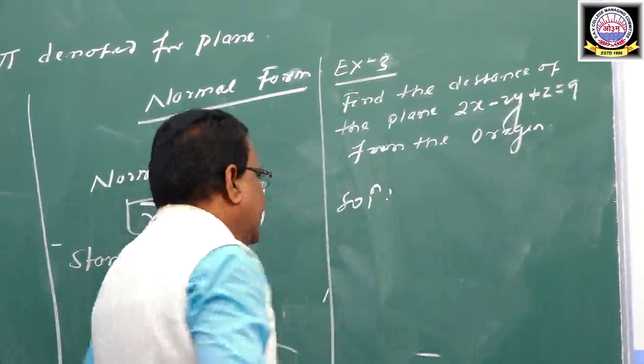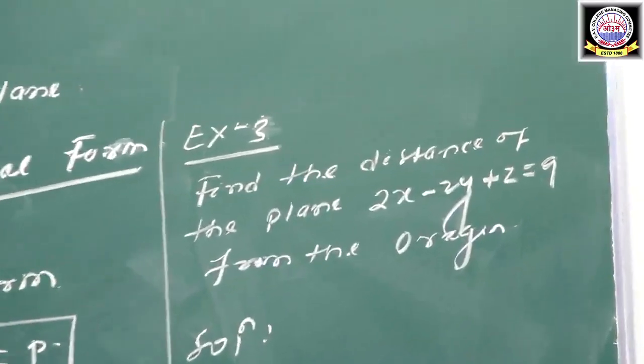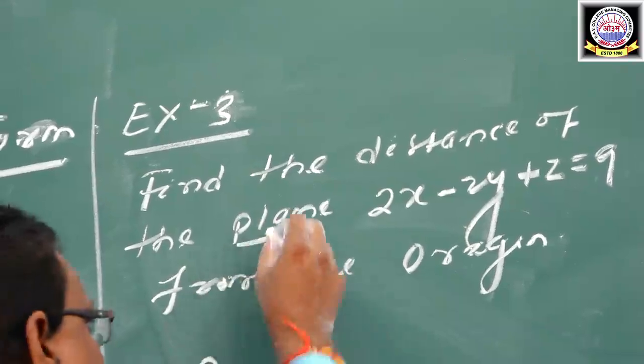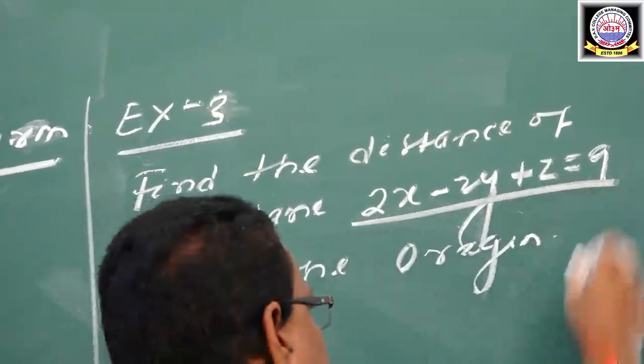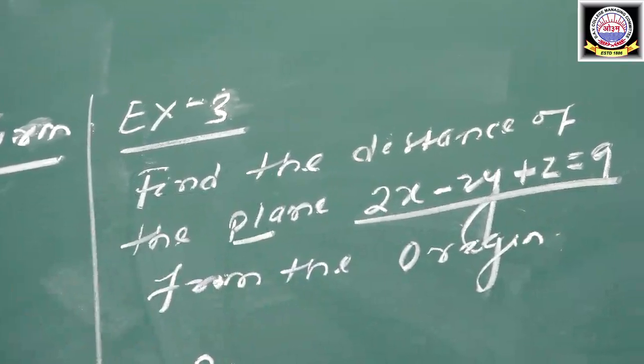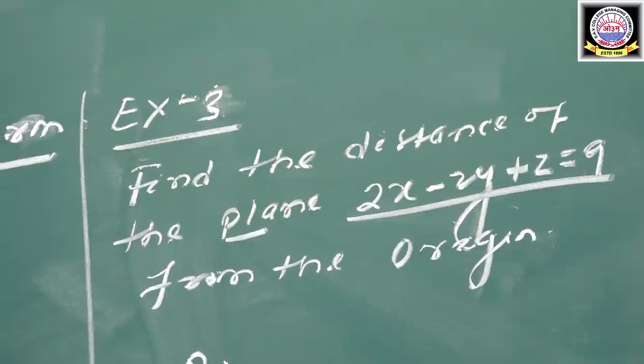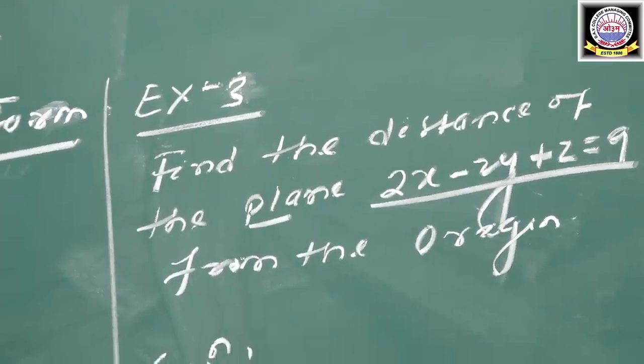Write it down and realize. Find the distance of the plane, this is the plane, from the origin. So the distance of the plane from the origin is nothing but the normal, that is p.